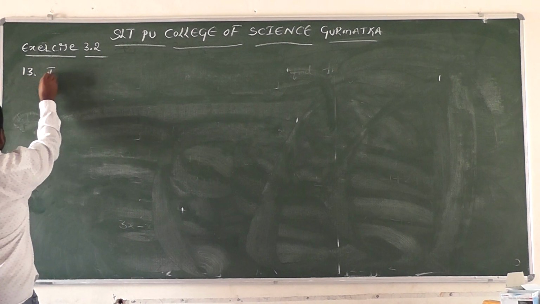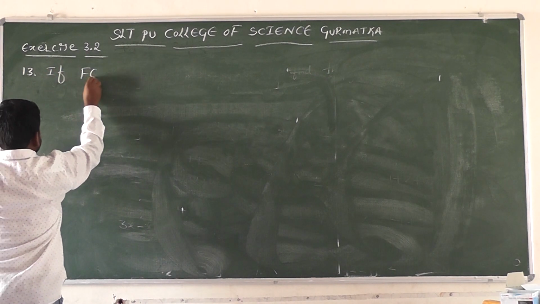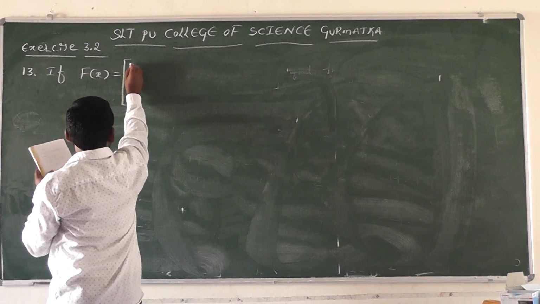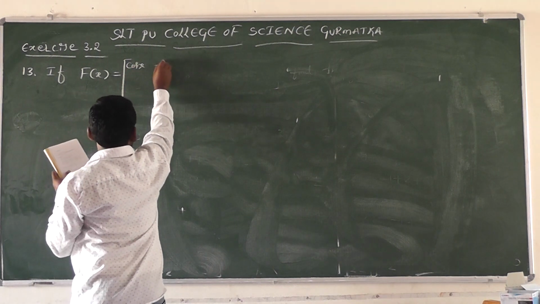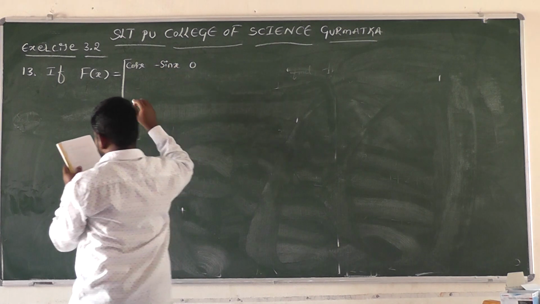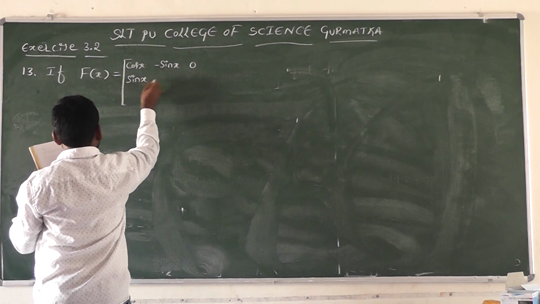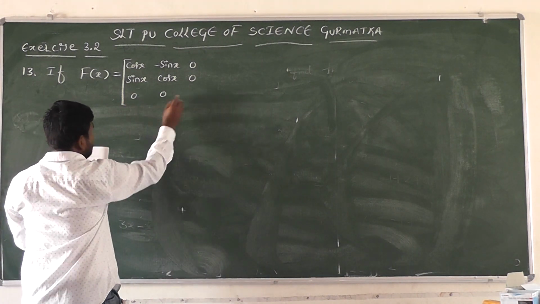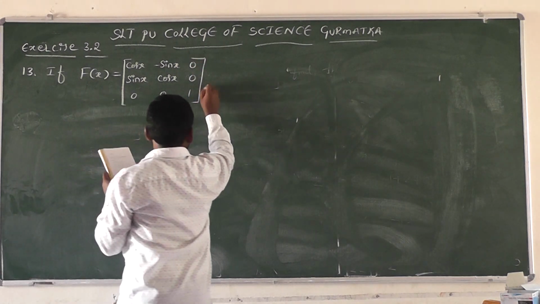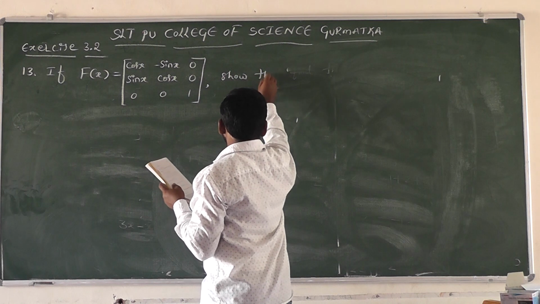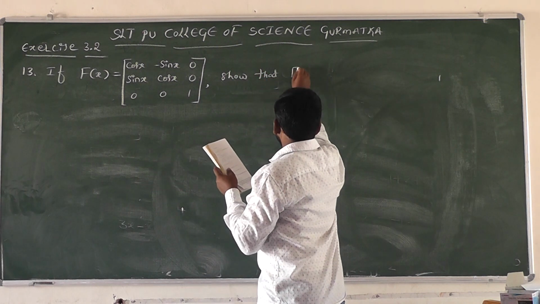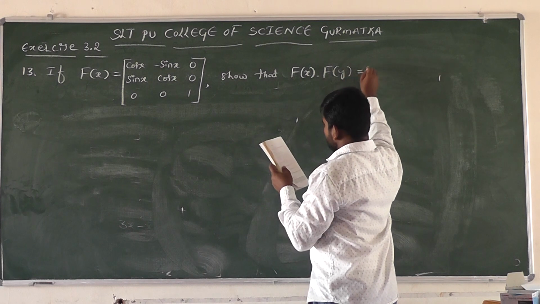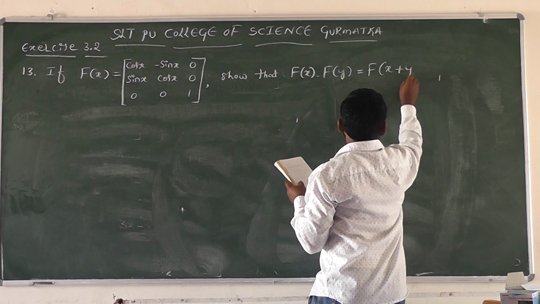If f of x is equal to the matrix cos x, minus sin x, 0; sin x, cos x, 0; 0, 0, then show that f of x into f of y is equal to f of x plus y.